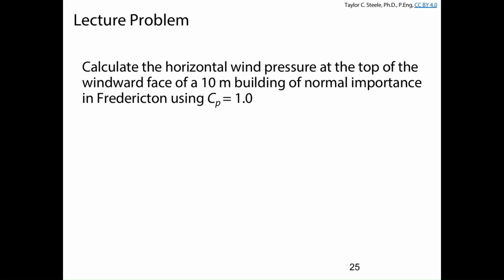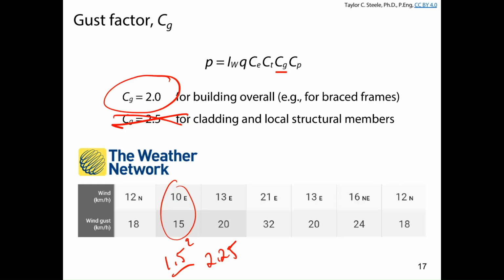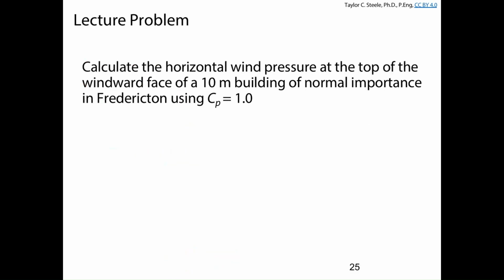CT for this course is 1. It might just be on flat terrain. And I'm telling you here to take CP of 1. The other piece of information here is it's on the windward face of a 10-meter building, which means the exposure factor, if it's 10 meters tall, 10 over 10 is 1 to the power of 0.2 is 1. And so basically, we can calculate the pressure for that case.